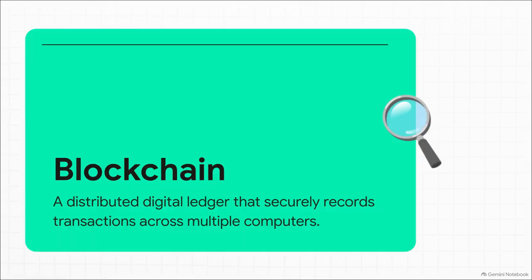The brilliant solution to that problem is what we call a distributed digital ledger. At its absolute core, a blockchain is really just a system that securely records transactions across multiple computers. The data is stored in blocks, and then those blocks are chained together in chronological order. Think of it kind of like a shared online document for a group project.